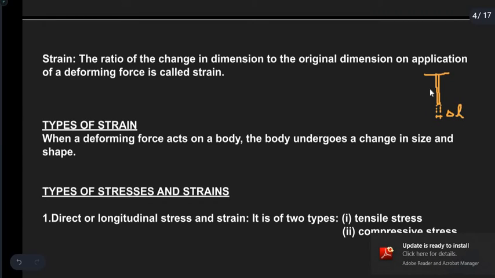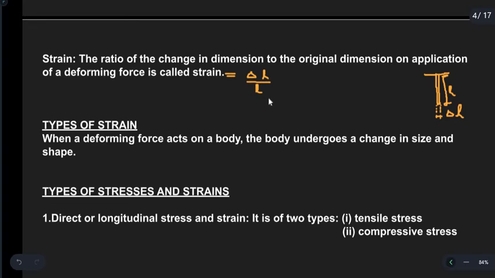The change in length is del L, and the original length is L. So strain will be the change in dimension, del L, over the original dimension, L. This is your strain, the ratio of the change in dimension to the original dimension. I think it is very clear to you.